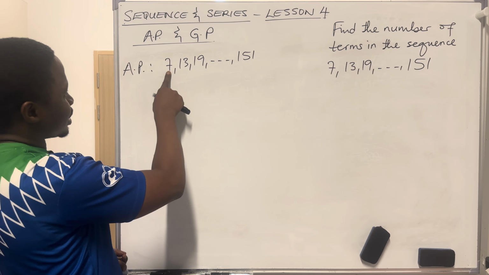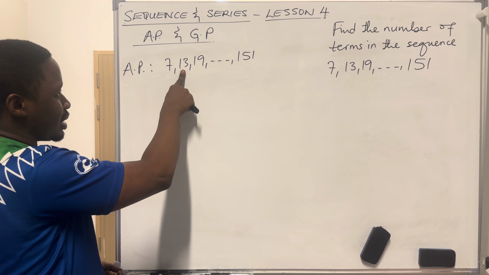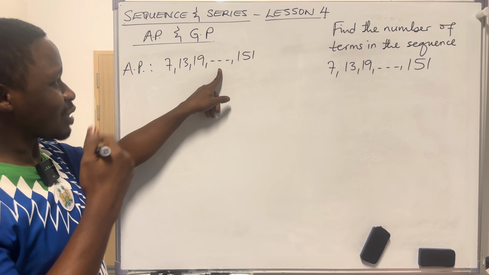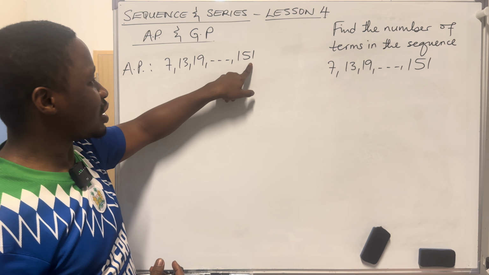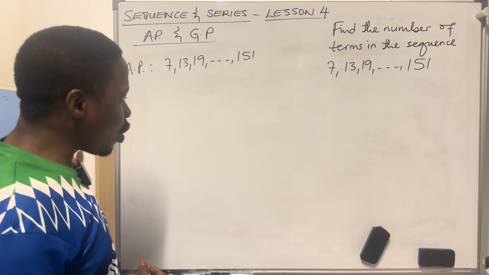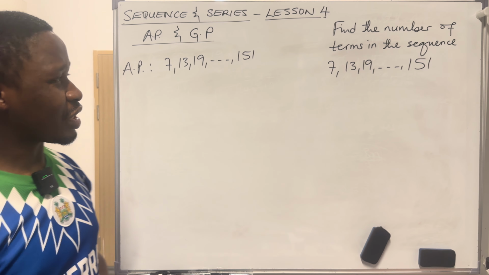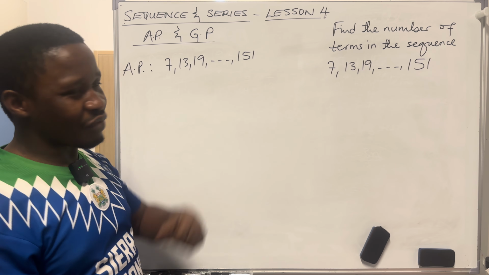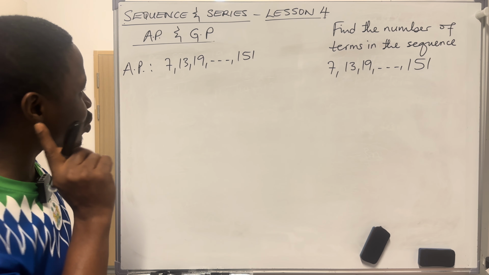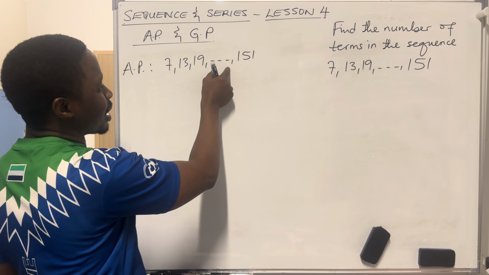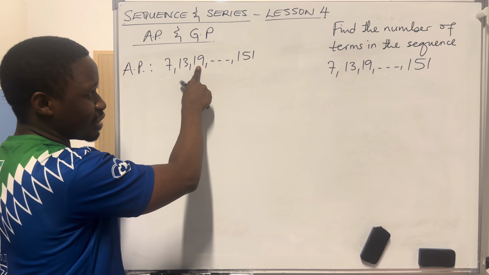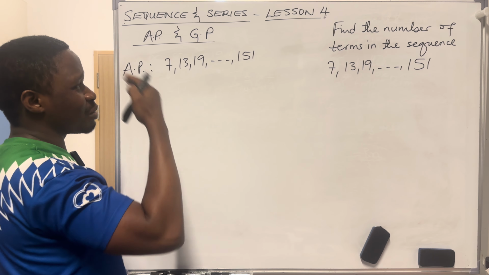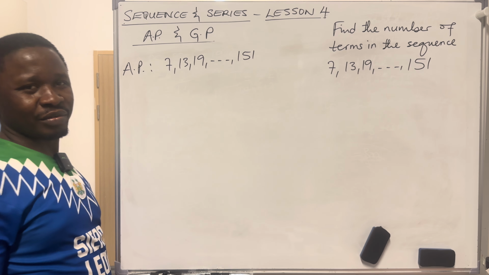If you know that 7 plus 6 is this one, 13 plus 6 is this one, you have to keep saying plus 6, plus 6, until you achieve the last term. Then you can check how many numbers from 7 to 151. But before you do that, you have to find the missing numbers: 19 plus 6 is 25, plus 6 is 31, plus 6, plus 6, until you get to 151.